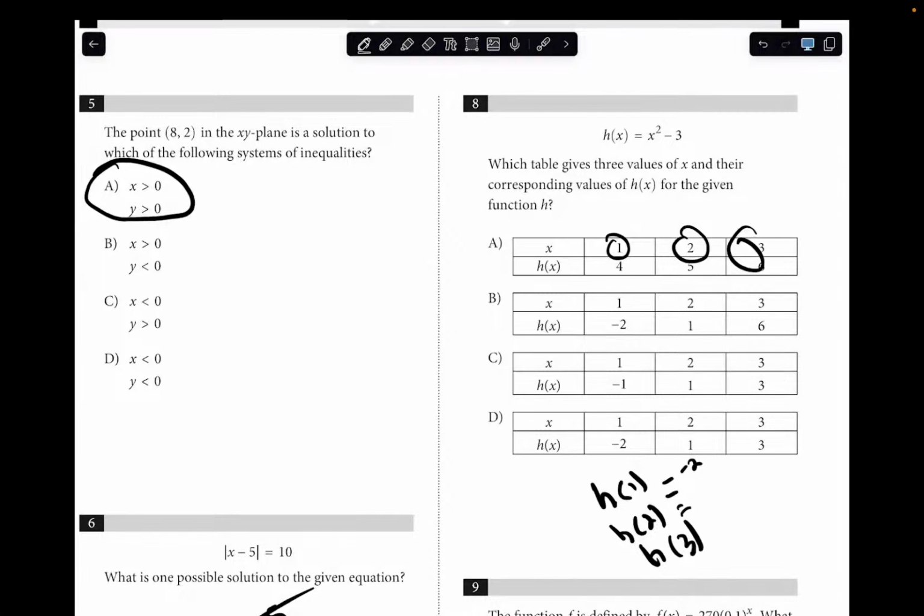Second one is 4 minus 3, which is 1. Third one is 9 minus 3, which is 6. So these are my coordinate pairs. 1, negative 2. I only eliminate C and A. My next one is 2, 1. Okay, they both have that. And then my third one is 3 and 6. So that gives me B, right?